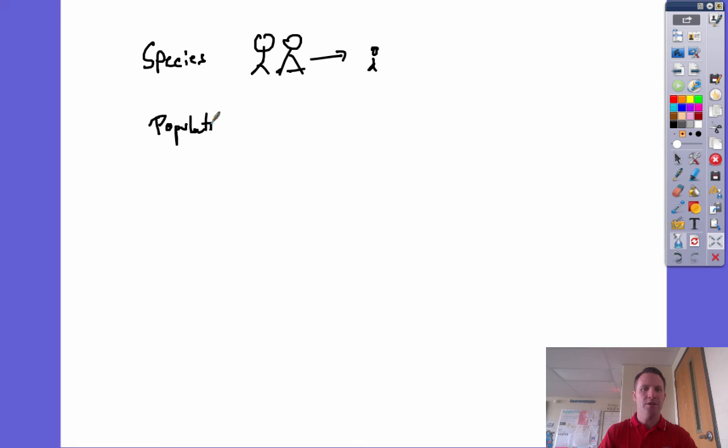A population is where you have a whole population of the same species. So we got lots of little stick figure guys, and they're all basically the same, and they're sharing an area. Okay, so that's a population. A community is when you have several different populations. So you have people, and you have deer.